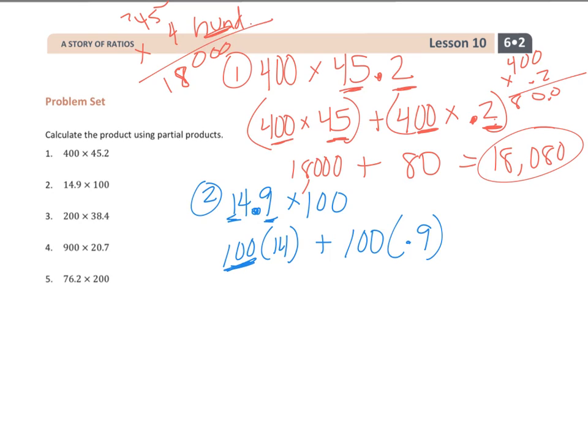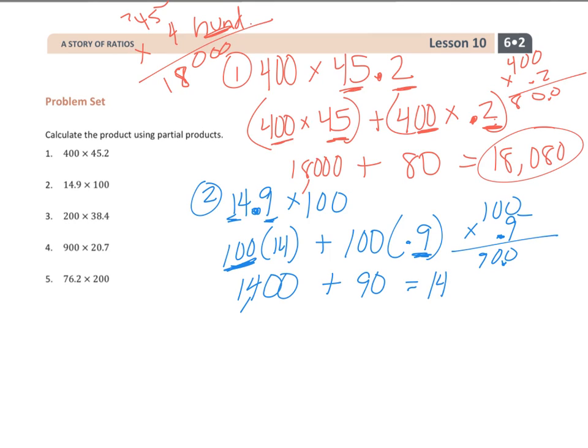So 100 times 14 is 1400s, or 1,400, plus, and I have the same thing going here, 100 times 9/10. I know it's 900, but because of that decimal place, I got to put it back in to make it 90. And that's going to equal 1,490.